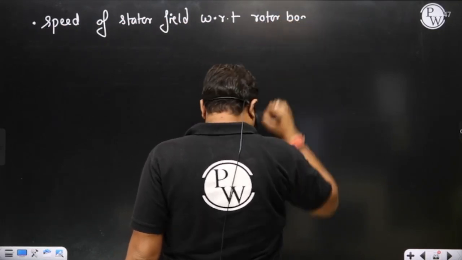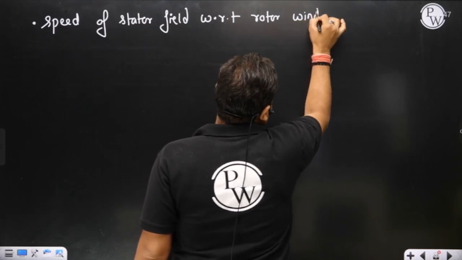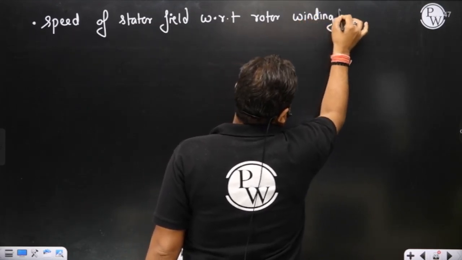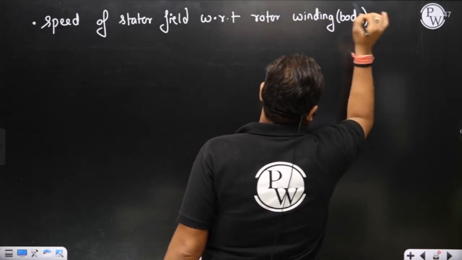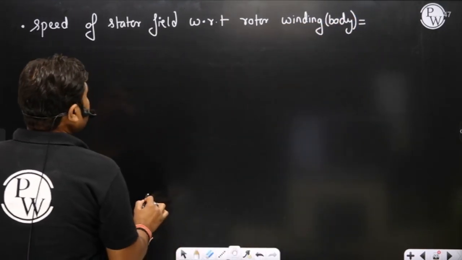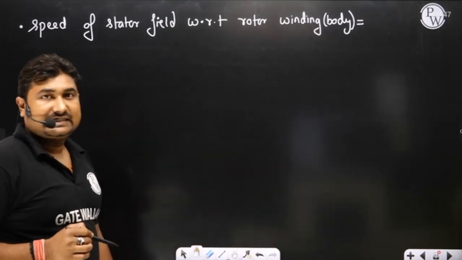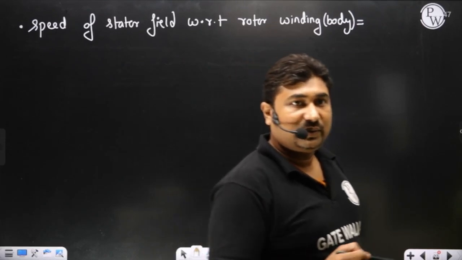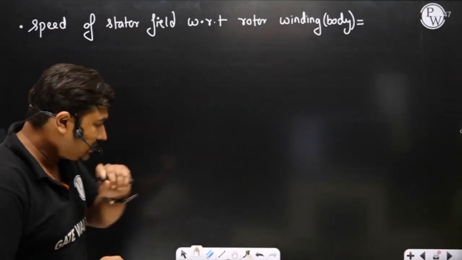When I am saying rotor body, body means winding. So you can say structure, body or winding, all the things are the same. Speed of stator field with respect to rotor winding. Now please observe.